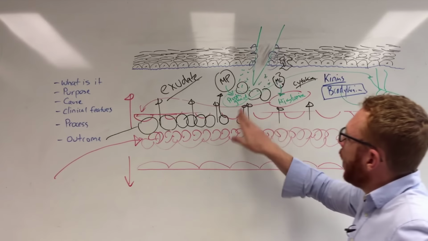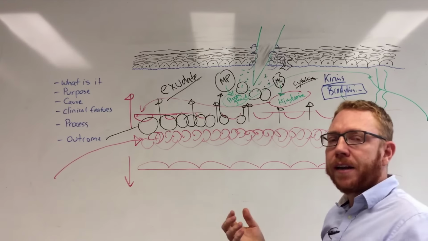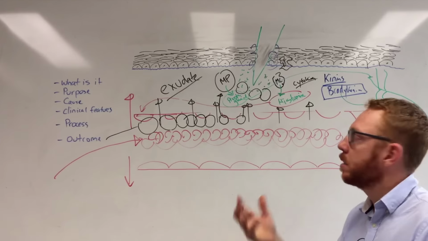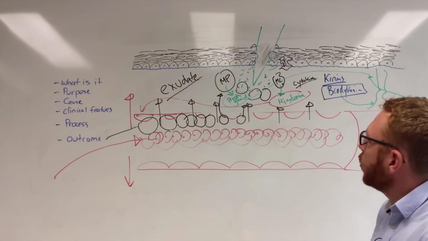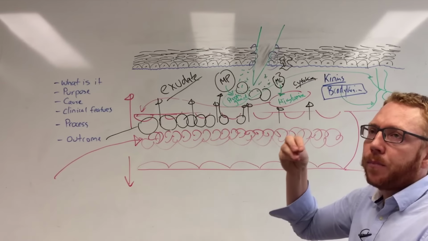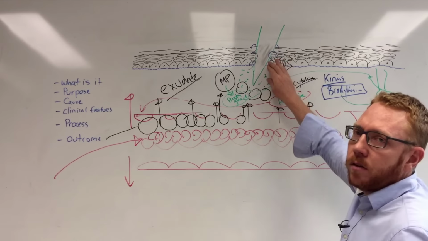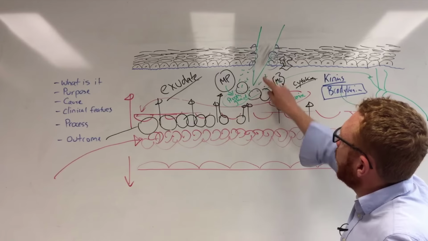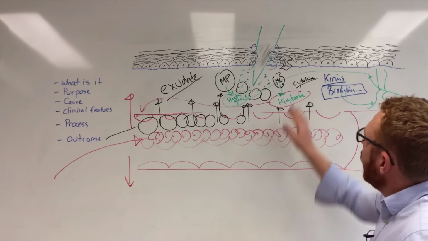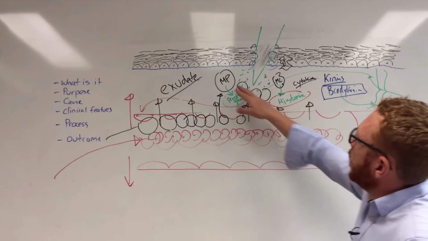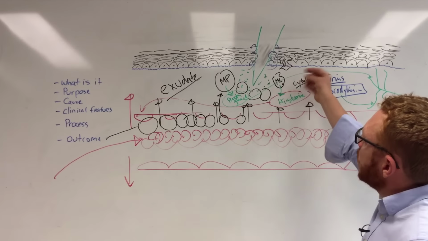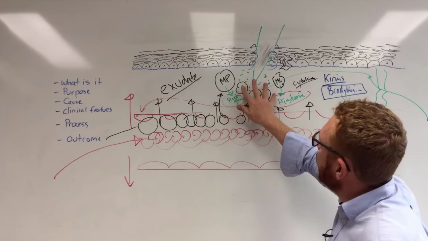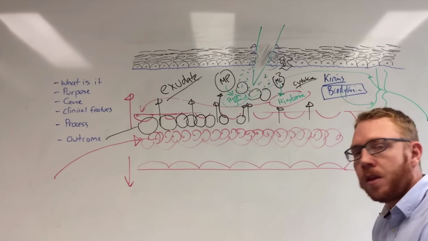Now, they will follow a chemical gradient called chemotaxis. They will follow where the injury is. This could be a combination of chemicals from the dead cells, antigens from the bacteria, or the chemicals released from cells like the macrophages, the mast cells, the dendritic cells, like cytokines. So they're actually going to follow it and go to that area.